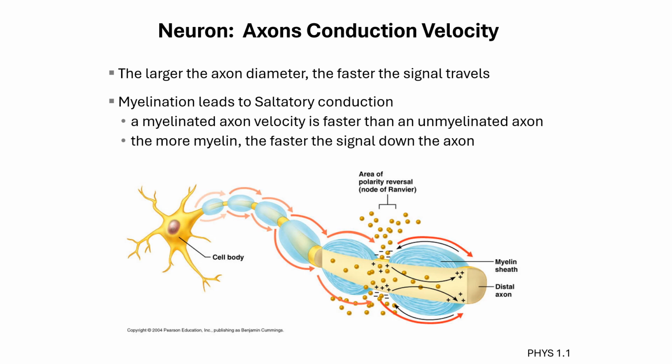And at the nodes of Ranvier is where the action potential can continue, it depolarizes, and then it can move to the next area. And that just allows it to move really quickly down the length of an axon. If an axon is unmyelinated, then it moves a lot slower. So that will tell you a little bit more about the speed at which the action potential has to send the signal and what types of signals you might want to send fast versus slow.